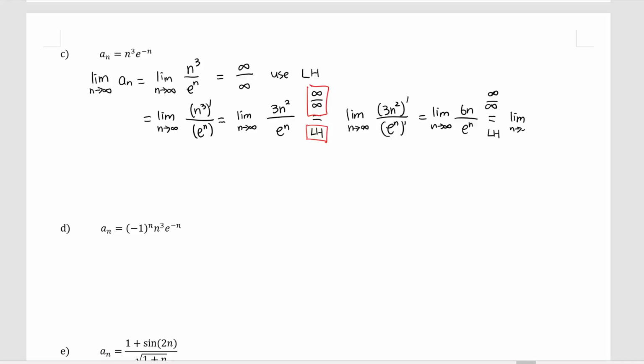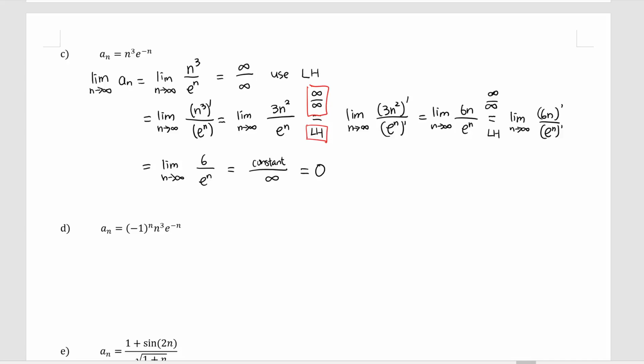We get the derivative of 6n over the derivative of e to the n, which is 6 over e to the n. Now we have a constant over infinity, and that is 0. So 0 is our limit.